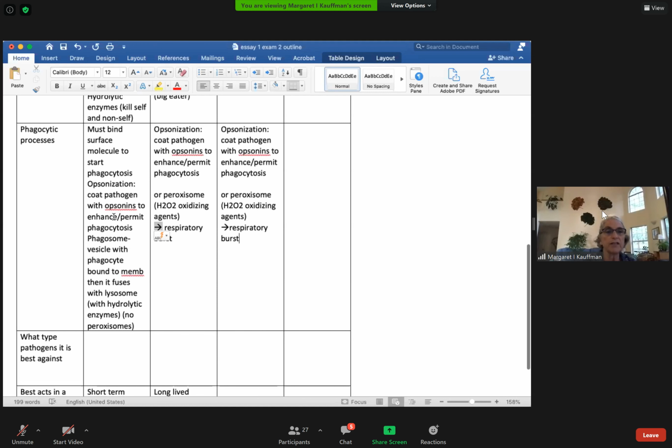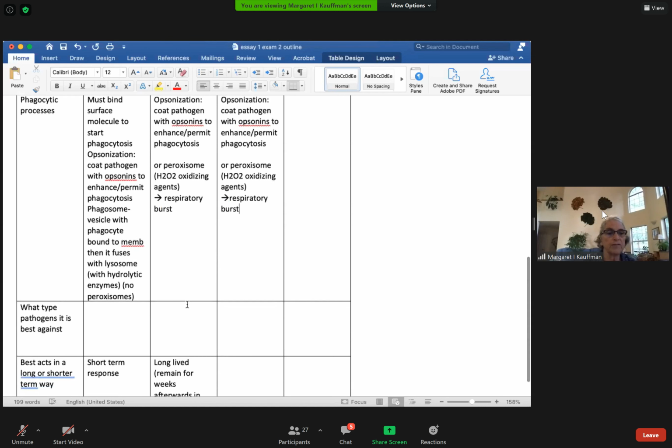Now, what we haven't done here is talk more about how phagocytosis happens, and that's a later question. But before we leave this table, this is more useful for lab because you will need to know what type of pathogen it works against best. Maybe it's more obvious from what you've done with the differential white blood cell count, and you might be able to answer this.